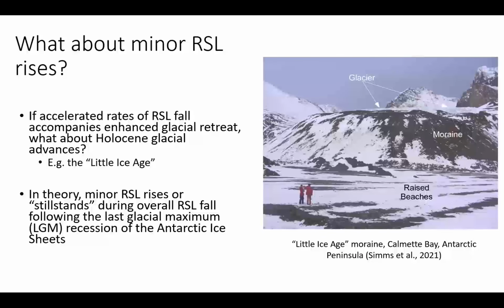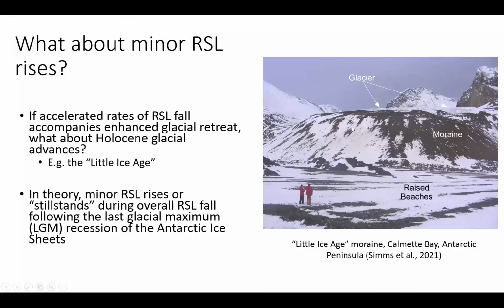So the question I want to ask is, we see these records of accelerated sea level fall preserved during the Holocene. What about minor RSL rises? We know that there are advances during the Holocene, and here's a Little Ice Age moraine from the Antarctic Peninsula.